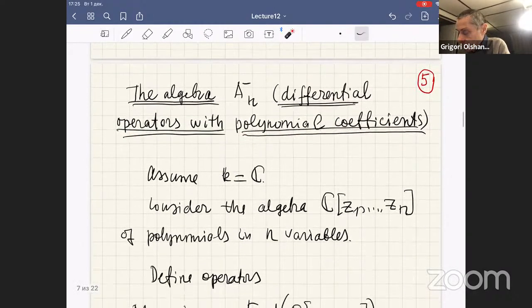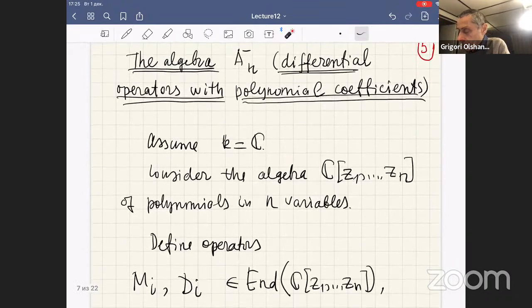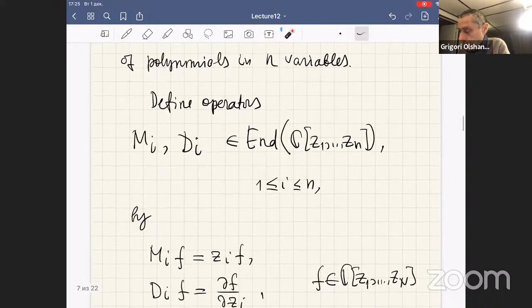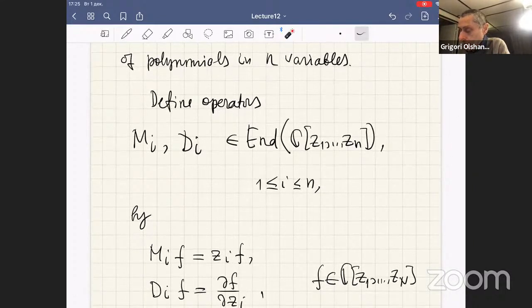How to do this? So take first the algebra of polynomials in a given number of variables n, and define operators acting on this space, which I denote as m sub i and d sub i, m from multiplication and d from differentiation. So I will define two times n operators.